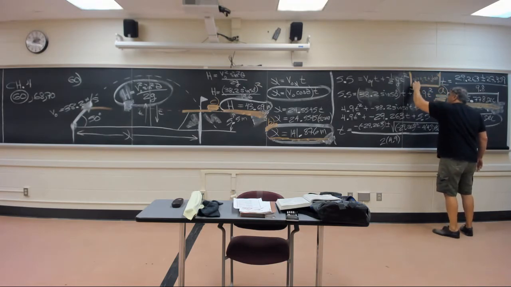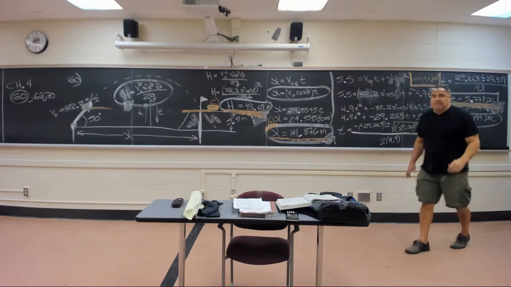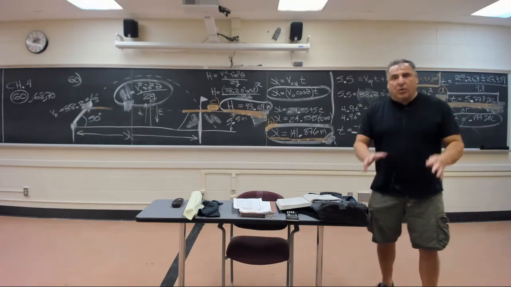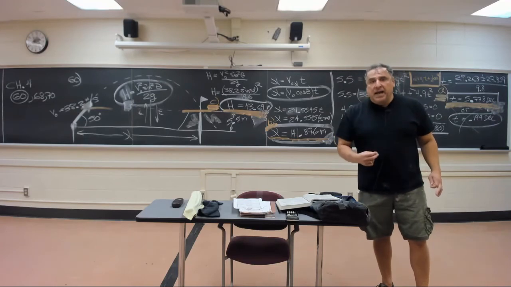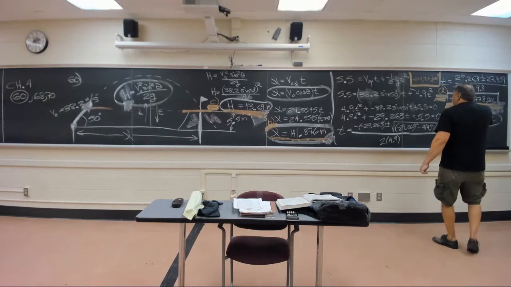Well, in this case, the distance is height. The v_i is the v naught y going upward, and a happens to be a negative number because you are going up and down, and in that case, acceleration due to gravity, you've got to call it negative. So, it's as simple as that.